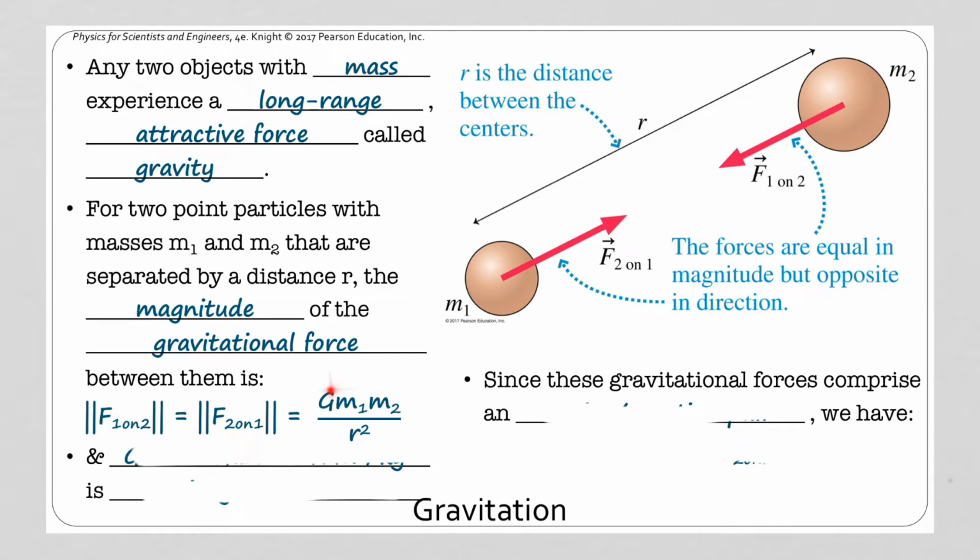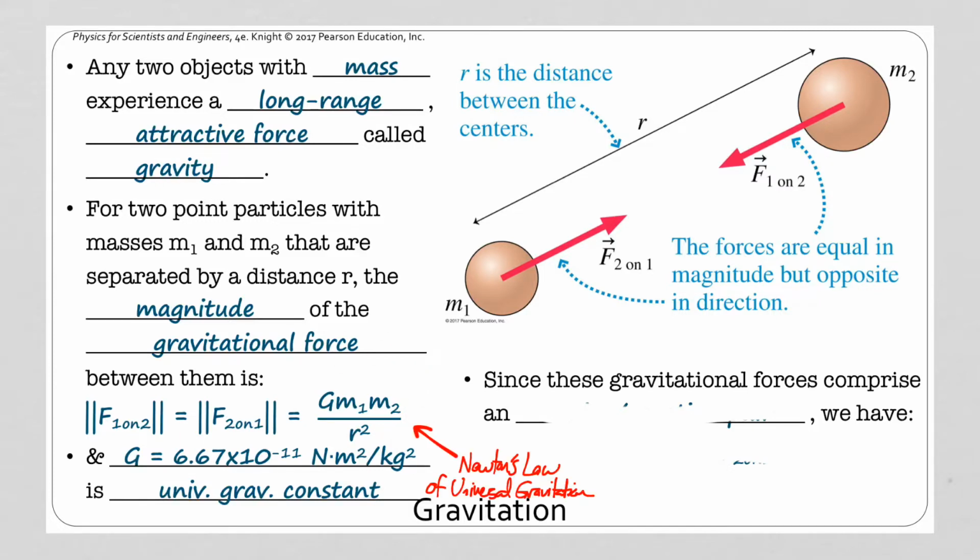You'll want to write this down. This is a capital G times m1 times m2, the masses, divided by r squared, where r is the distance between the two. In this case, G is equal to 6.67 times 10 to the negative 11, and G is the universal gravitational constant. This equation here is called Newton's law of universal gravitation.